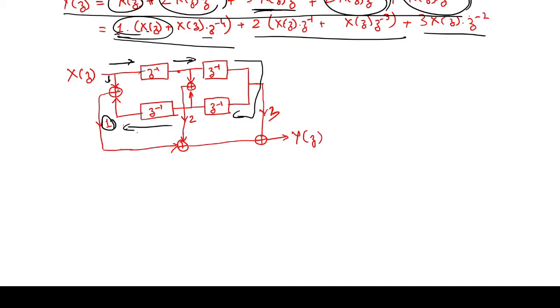Then we have after z inverse and after z to the power minus 3. After z inverse we get an adder, and after minus 3 we again tap the output, add up, and then there is a multiplier of 2. This is multiplied. Now these two components are added up over here, and lastly 3 multiplied by z to the power minus 2. After minus 2 we tap, multiply by 3, then again add up to get y(z).